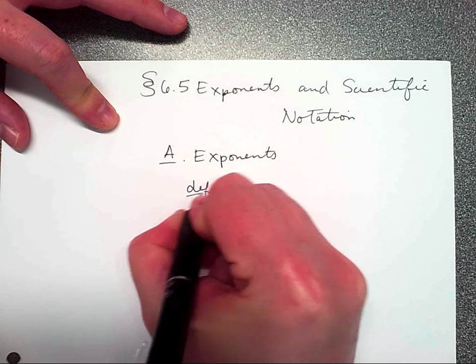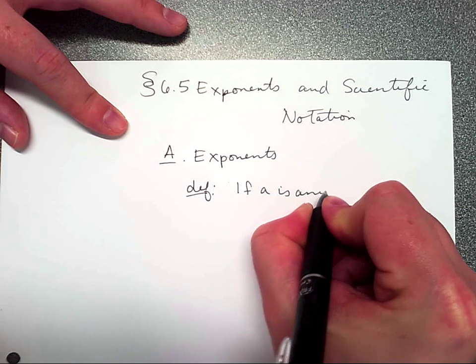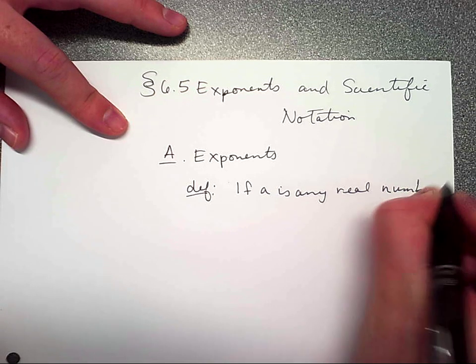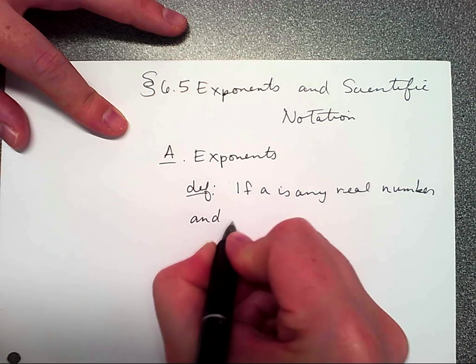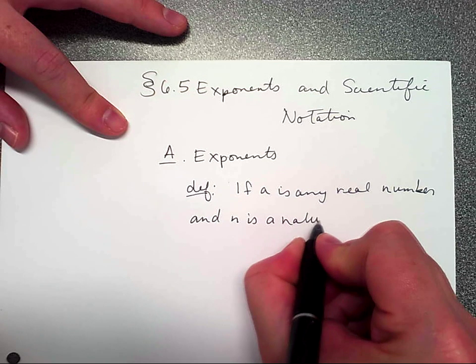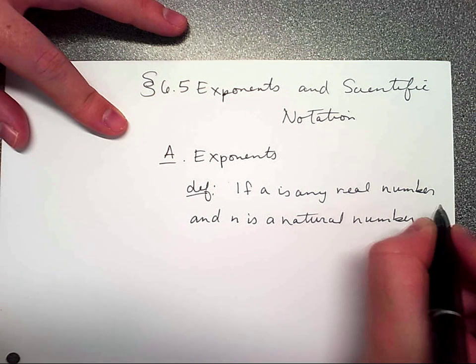The definition for exponents is: if A is any real number and N is a natural number, what are my natural numbers again?